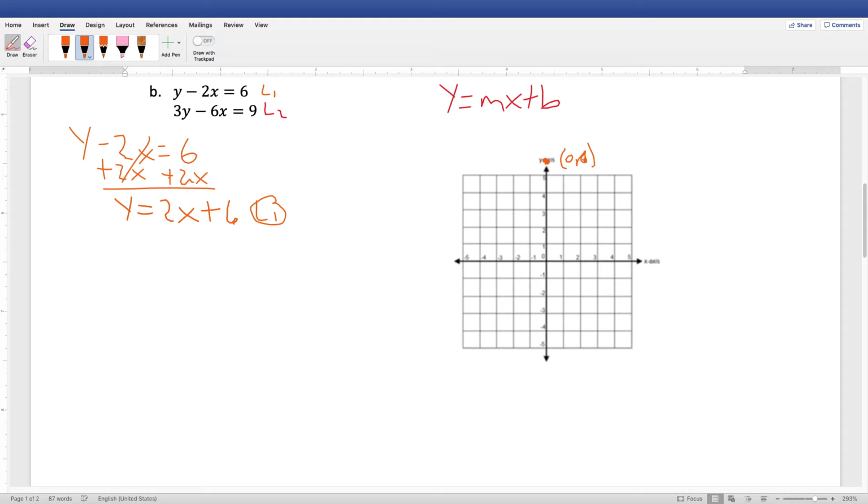Now my slope is positive, so I need to go up 2 and over 1. But my graph doesn't go that far, so I'm going to go down 2, so down to 5, down to 4, and then over 1. This point is (-1, 4).